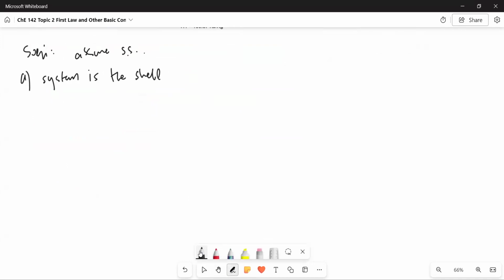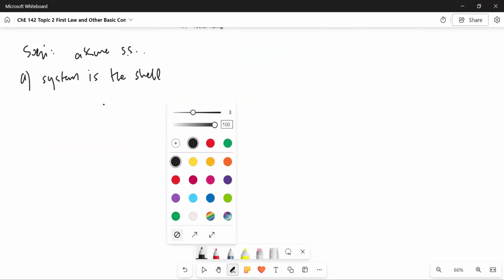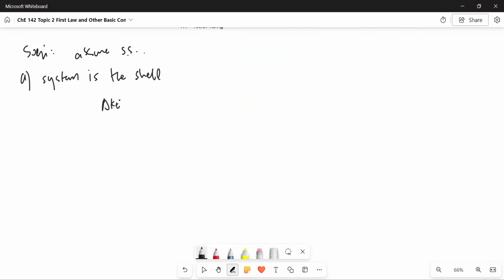So we write the general energy balance for steady state systems: the sum of the flowing streams, enthalpy times mass flow rate, equal to Q plus W. Now, for heat exchangers, there's no work.